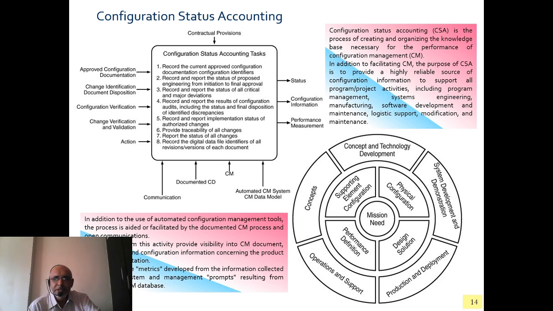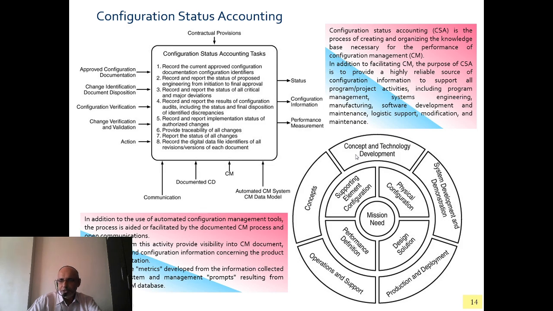This, CSA, is about creating and maintaining the knowledge base that is required for performance monitoring. So what you take into account is that for a mission you have got the physical configuration, design solution, performance definition, and supplementing element configuration. So outside the circle, they start with the concept and technology development.